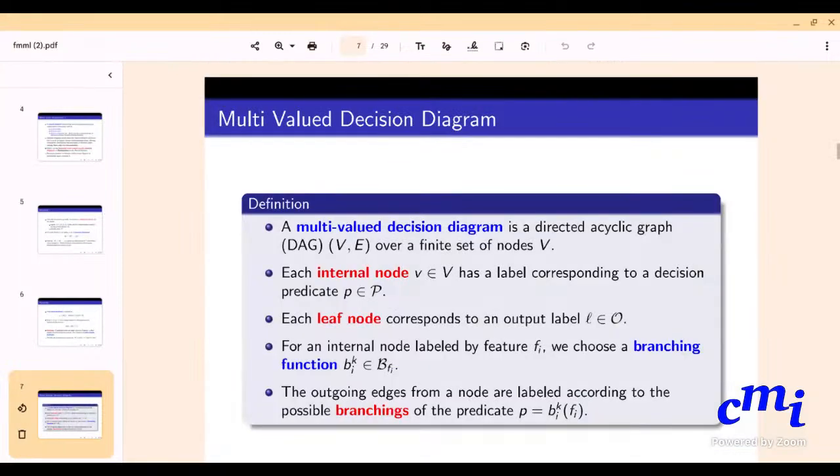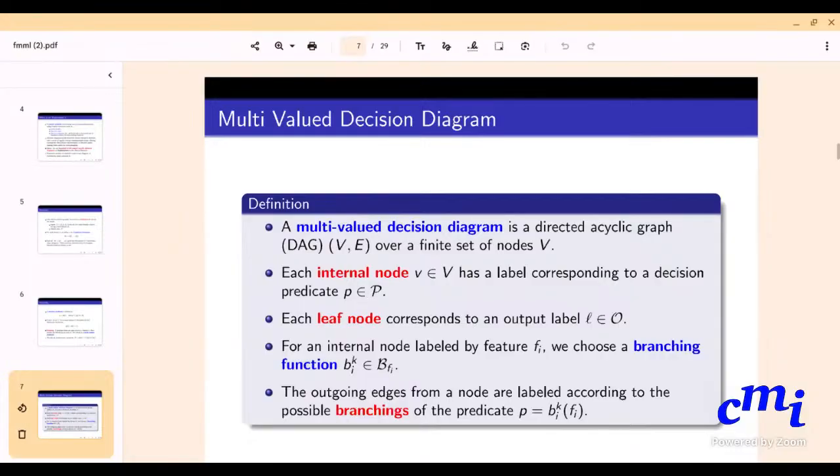Now I come to a multi-valued decision diagram. It is a directed acyclic graph, a DAG, with V and E as its vertex and edge sets over a finite set of nodes V, and each internal node v has a label corresponding to a decision predicate P. So every internal node corresponds to some predicate in the set of all predicates. Please observe that I have not restricted them to be unique.